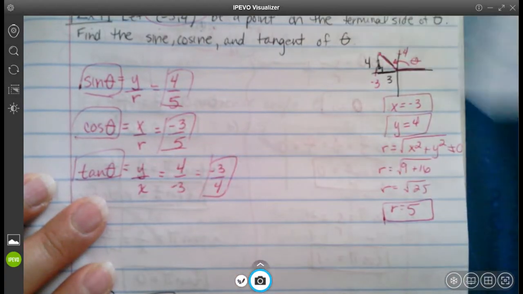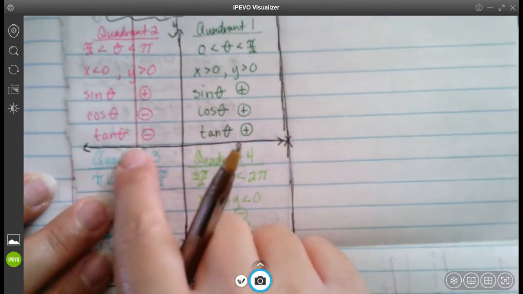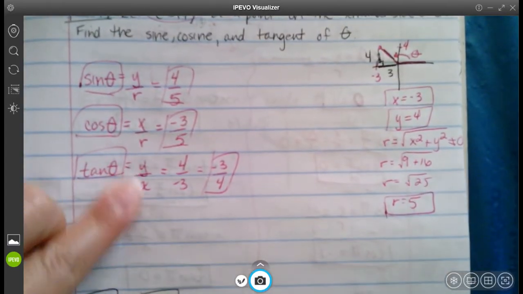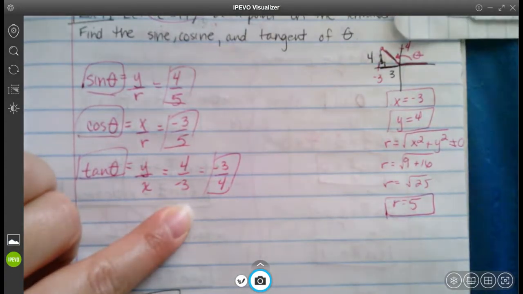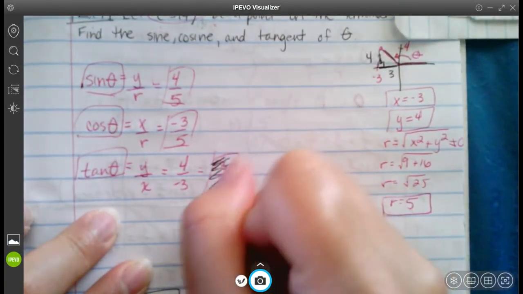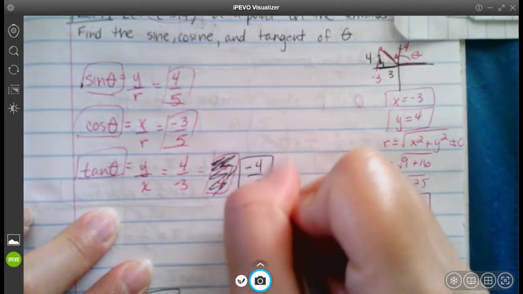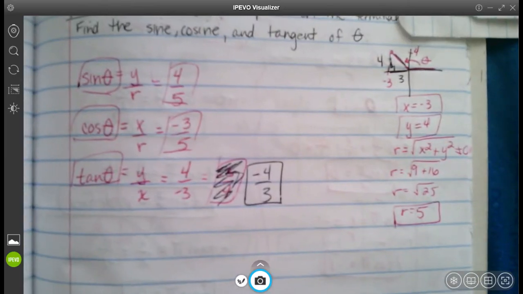That comes out perfectly because, again, cosine should be negative. Tangent should be negative too, so let's see if we can get that one. Tangent is going to be y over x, so 4 divided by -3. And there is a correction here. I don't know why I flipped it, but this should be -4 over 3. And that's it. That's how you do that problem.